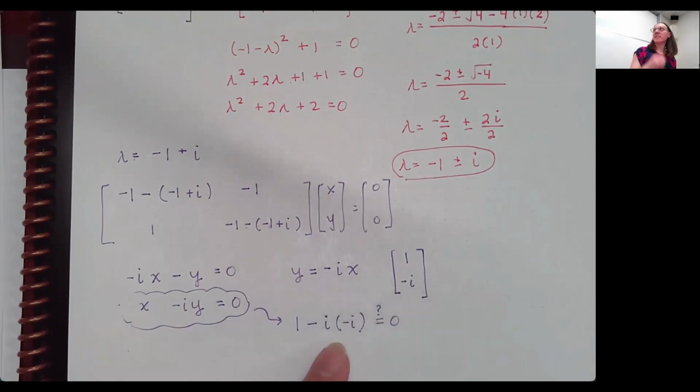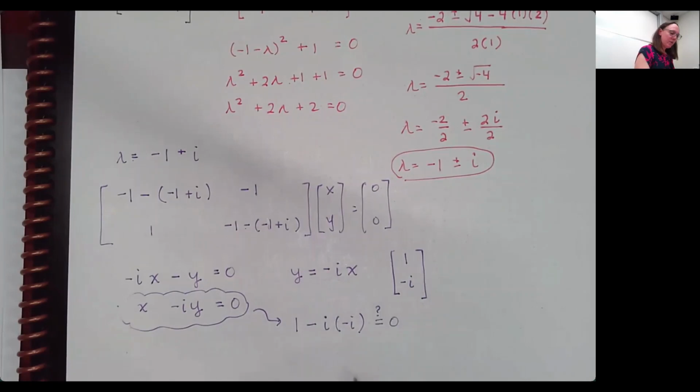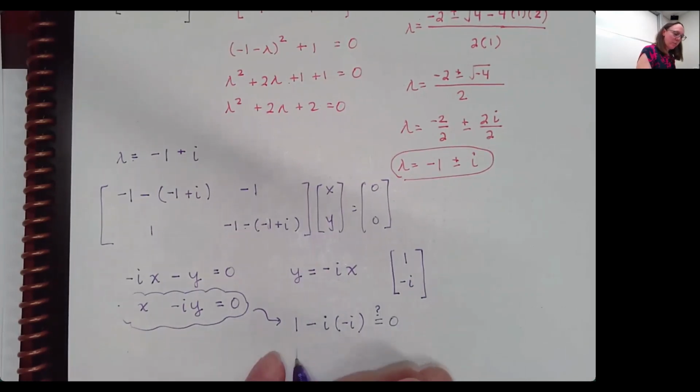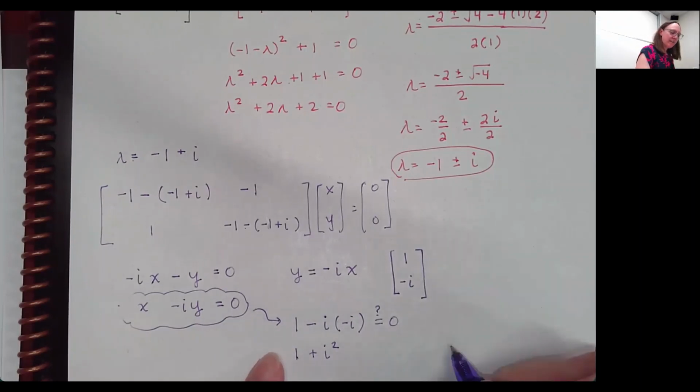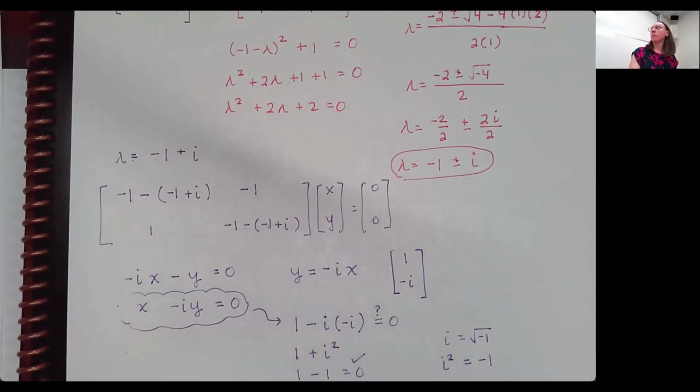Because I'm checking, is it really a solution? So this is the same as 1 plus i squared. But if i is defined to be the square root of negative 1, then i squared is negative 1. So this is 1 minus 1, which is equal to 0. So it is a solution to both.